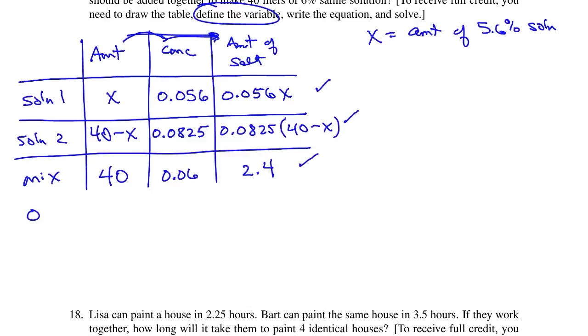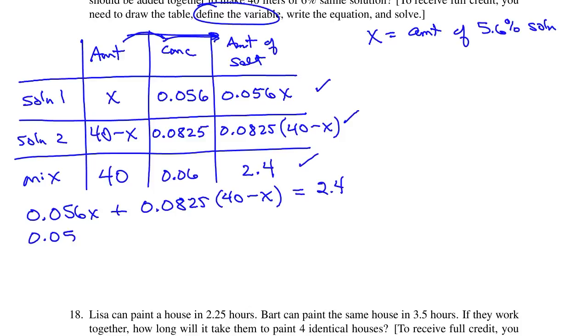So 0.056x plus 0.0825 times 40 minus x is equal to 2.4. So to solve this, I distribute, and this is going to give me 3.3 minus 0.0825x is equal to 2.4.